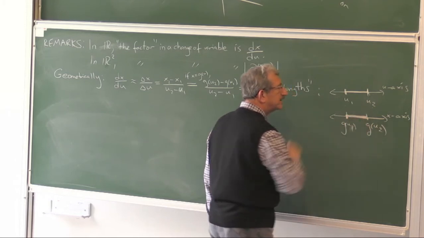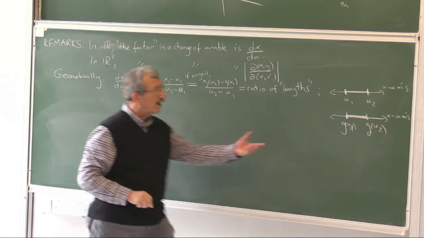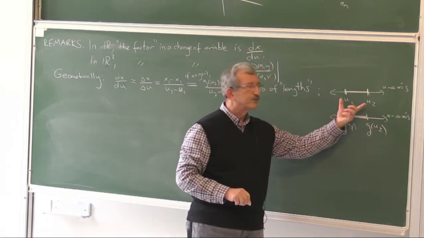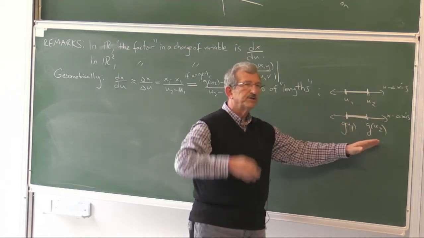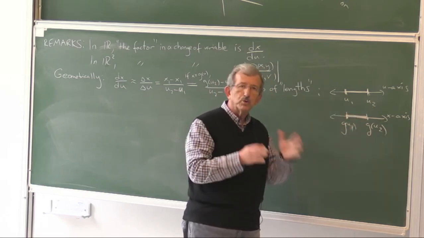And these lengths are not equal, clearly, because these are for the x values, these are for the u values. Remember our example, x changed from 2 to 3, but u was the square function, and so u changed from root 2 up to root 3.